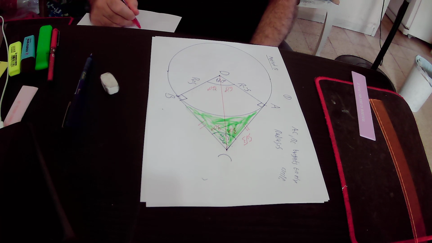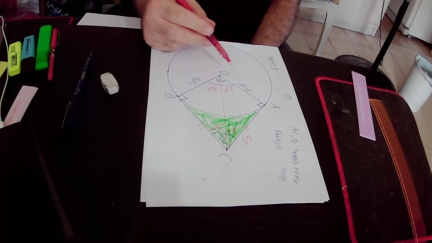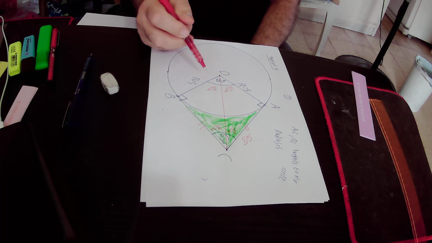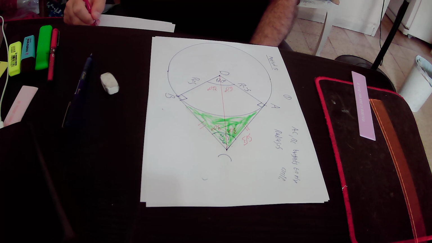So the area of sector AOB equals the area of the circle, that is pi times r squared, times the angle between AO and OB, that is 120 degrees, over 360 degrees.